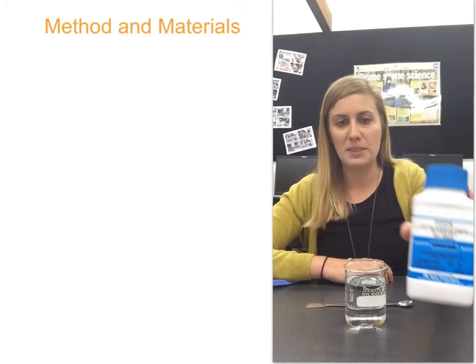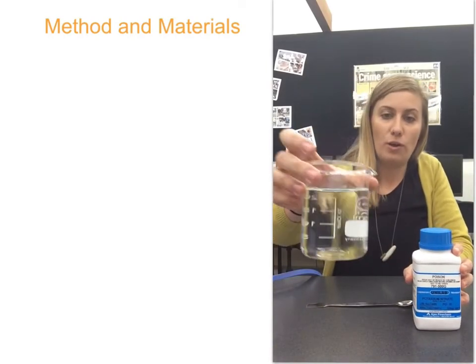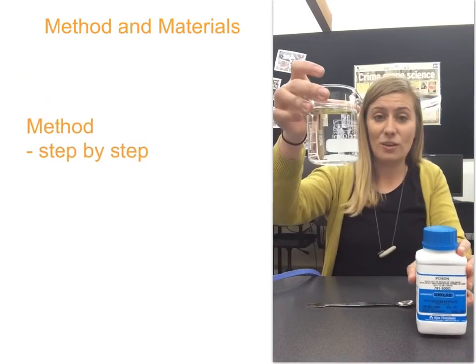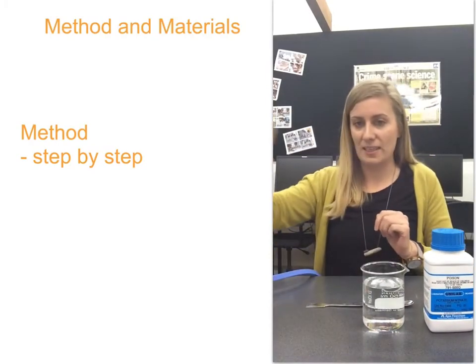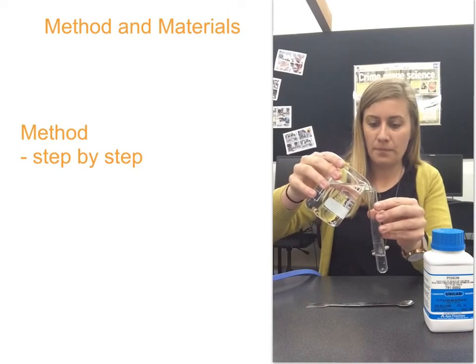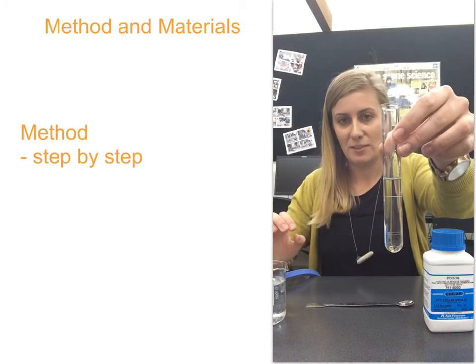So you're going to be given some potassium nitrate, which looks like this, and you're also going to be given a solution of potassium nitrate. So that's the potassium nitrate that you find in here dissolved into some water. The first thing that you need to do is take a test tube, and you're going to pour about halfway up your test tube, like that, with your potassium nitrate solution.